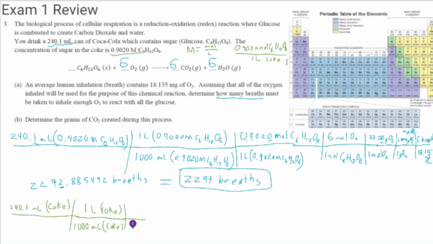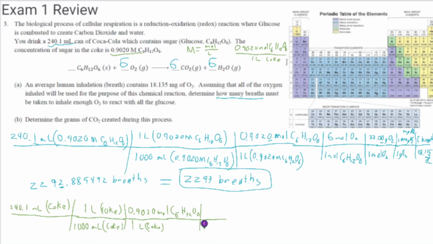And then for every 1 liter of Coke, we're going to have 0.9020 moles of our sugar, C6H12O6.